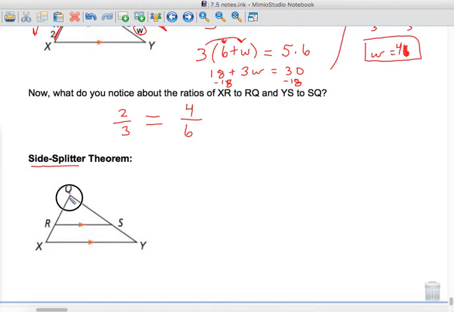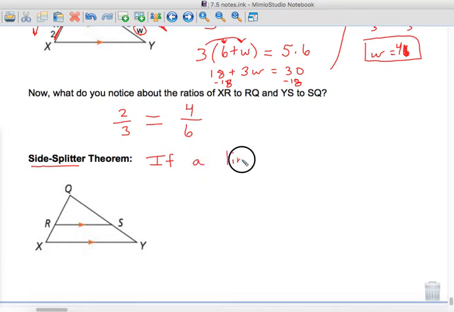Basically, we've got a side here and another side over here, and it's being split by this line right there. So that's why we call it the side splitter theorem. So the side splitter theorem is: if we have a triangle and a line is drawn parallel to one of the sides of the triangle.